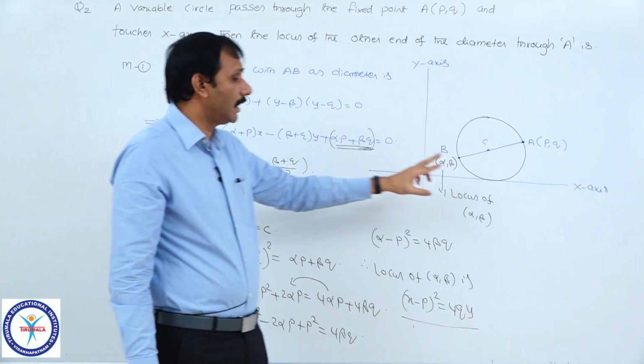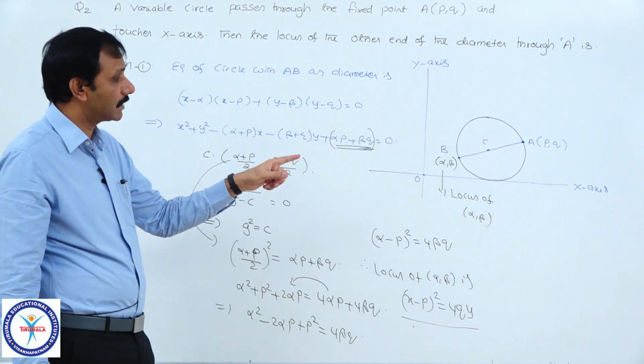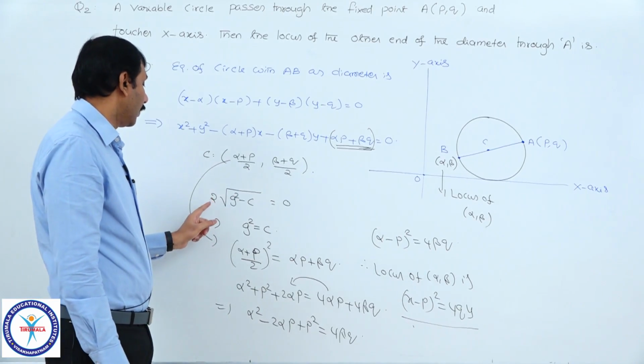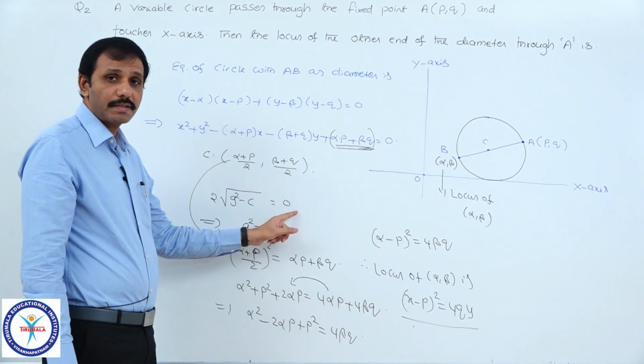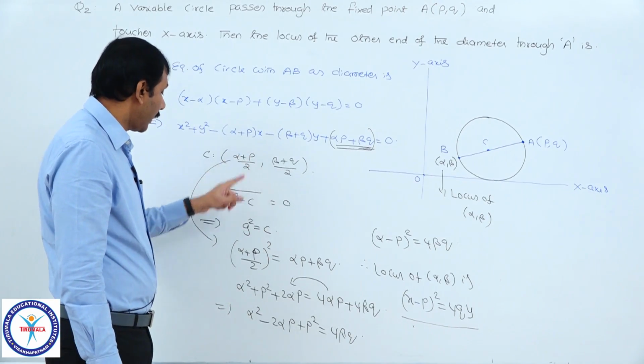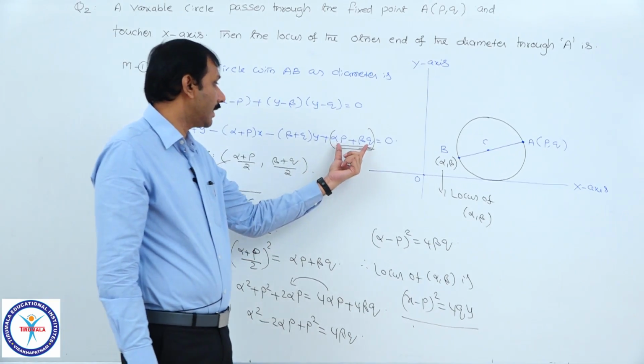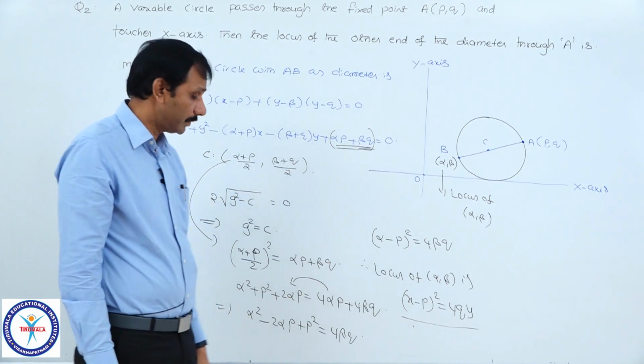Since the circle touches the x-axis, we know the length of the intercept made by that circle on the x-axis is 0. 2 into root of g square minus c equal to 0 implies g square equal to c. G square means (alpha plus p by 2) whole square equal to c, where the constant term is alpha p plus beta q.